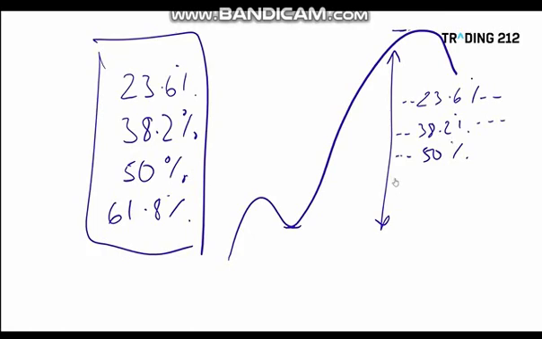And the final Fibonacci level for this example is 61.8%. So they'll wait to see what the market does at these levels. The assumption is they're going to be like hidden levels of support in an uptrend or hidden levels of resistance in a downtrend. And the thinking is if the market drops back more than 61.8% of the prior move, it's going to go all the way back to where the move started.